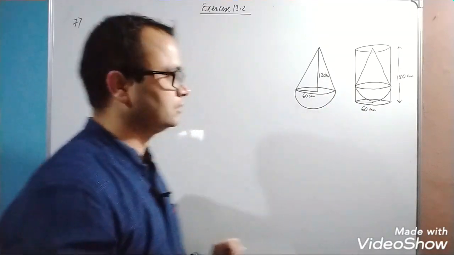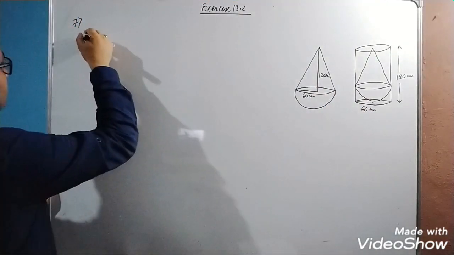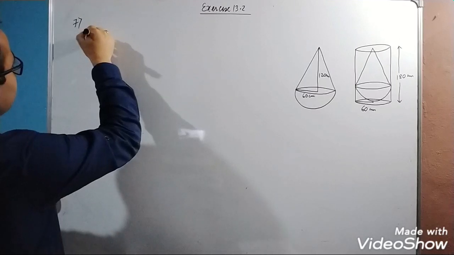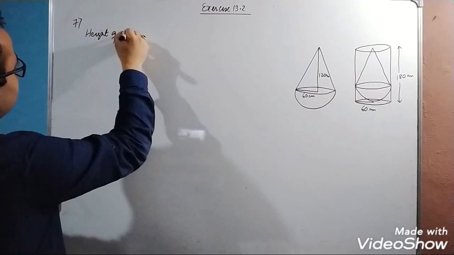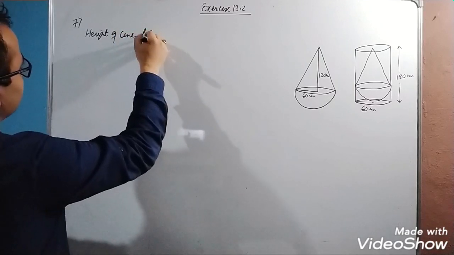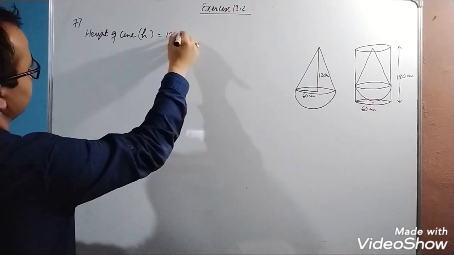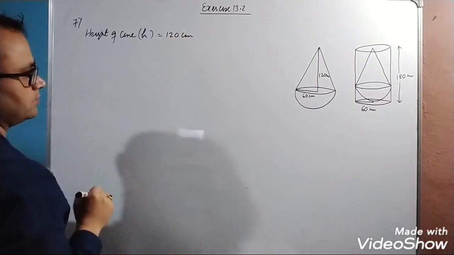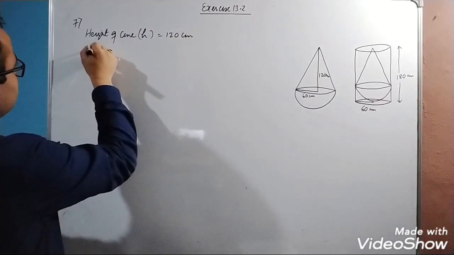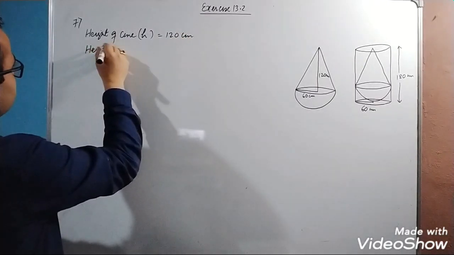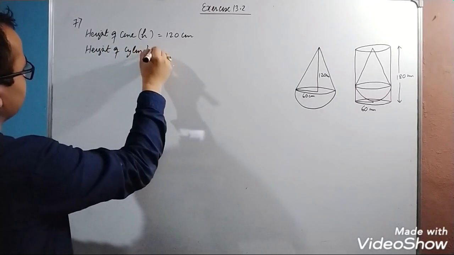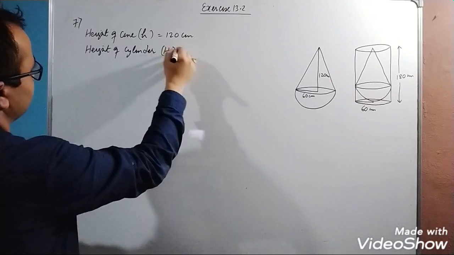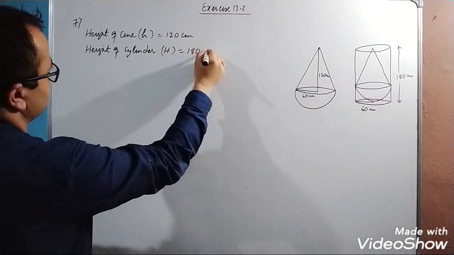The height of the cone is small h equals 120 centimeter, and the height of the cylinder is capital H equals 180 centimeter.